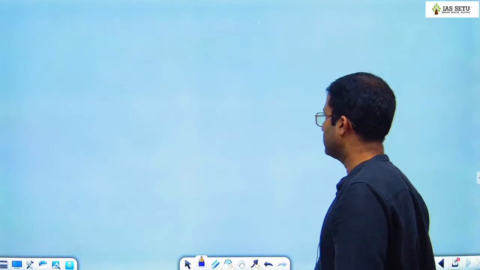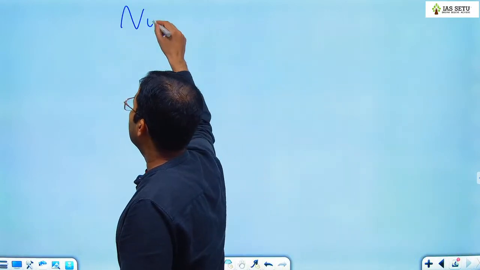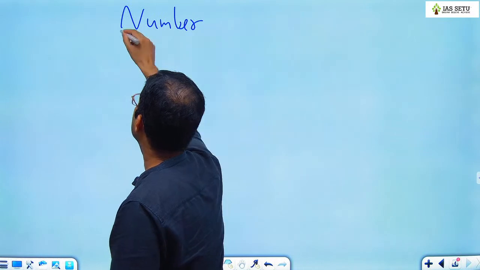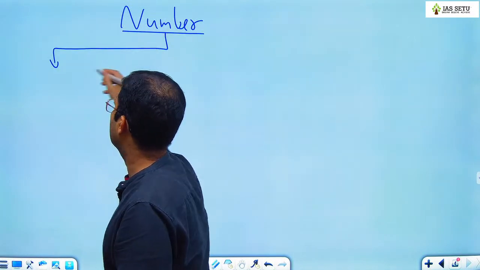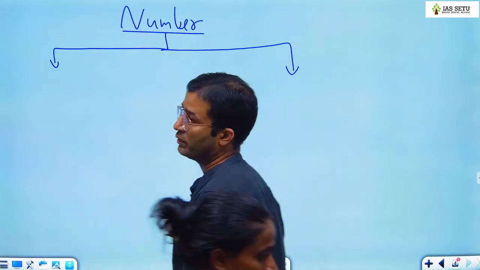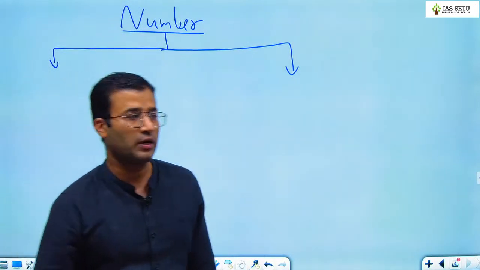Now next is complex numbers. We divide in 2 parts.